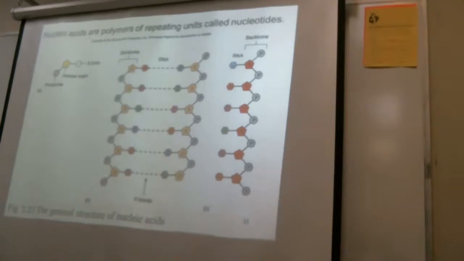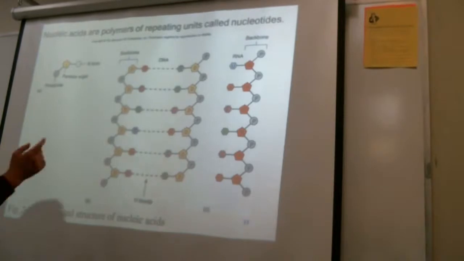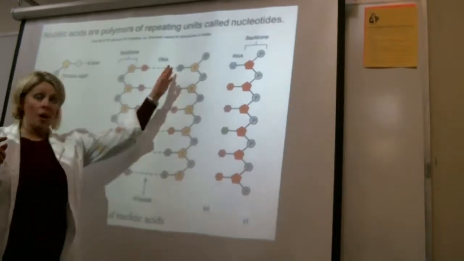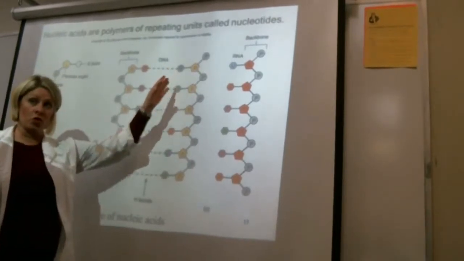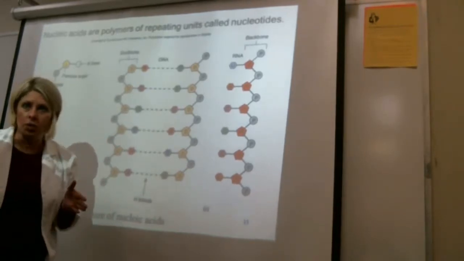If I'm asking for replication, I want that DNA side. If I'm asking for transcription, we're making RNA. So if we're making RNA in the process of transcription, the rules still apply. The G's always go with the C's, but the A's go with the U's.